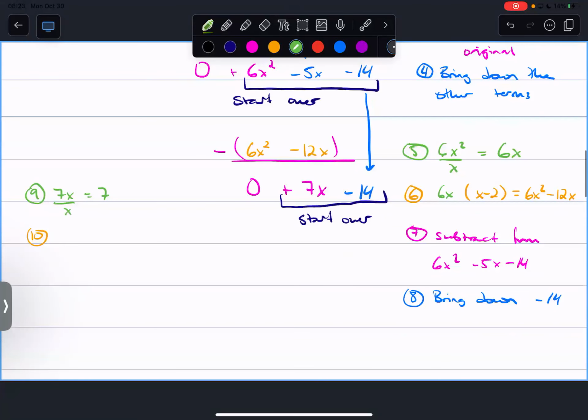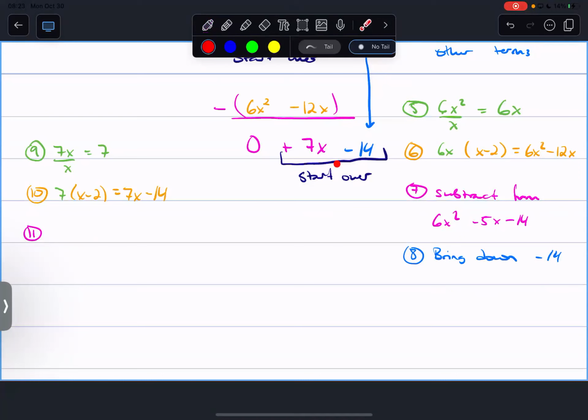Orange, you glad? Then I get 7 times x minus 2 is 7x minus 14. Looks good, right? 7x minus 14, minus 7x minus 14. Feeling like I'm onto something.